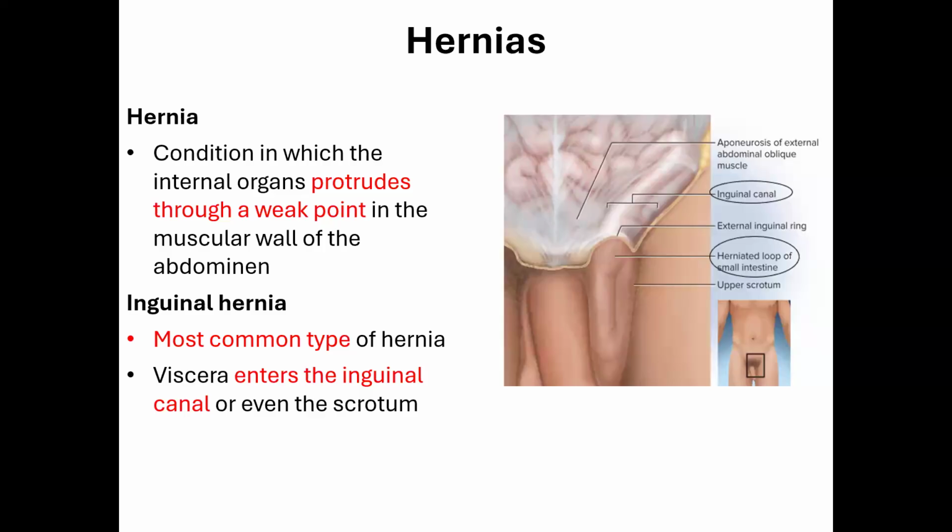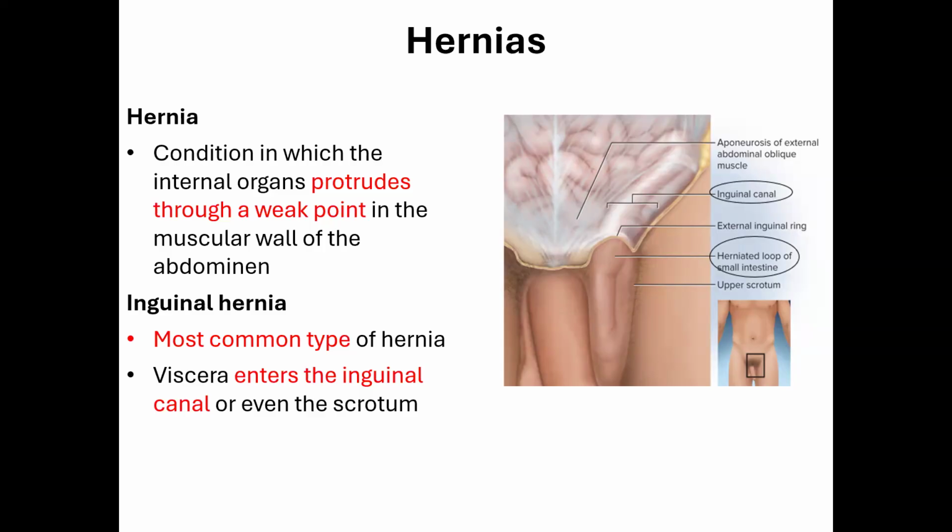They're all muscles, and they hold all the internal organs inside. What do you call the internal organs? Viscera. Okay? So the viscera are the internal organs. When there's a weak point, these internal organs or the viscera will protrude out. And that's what we call a hernia.